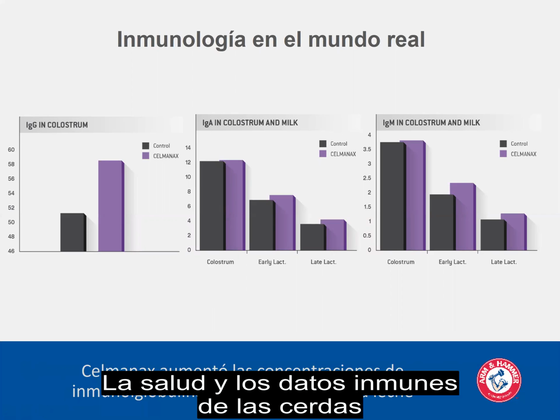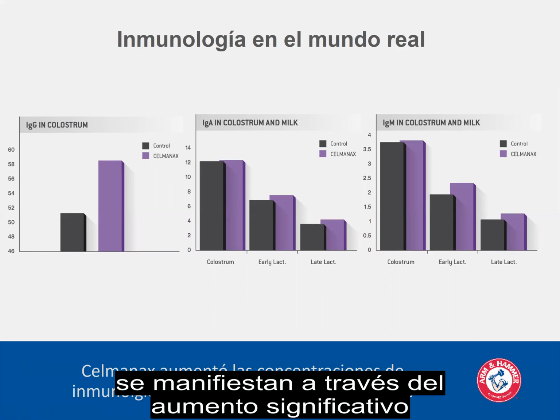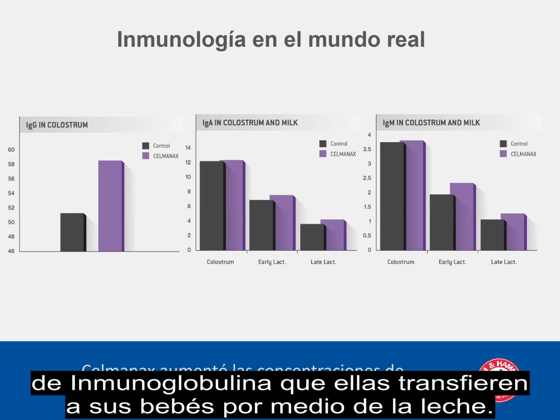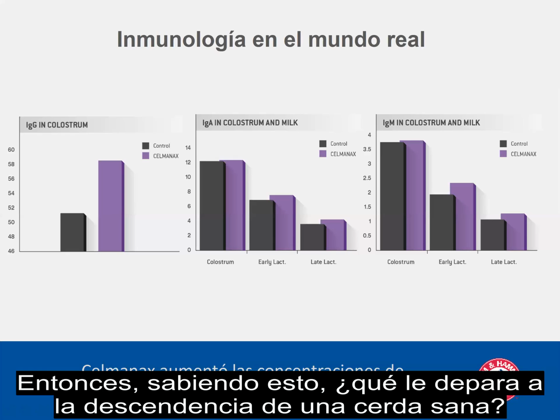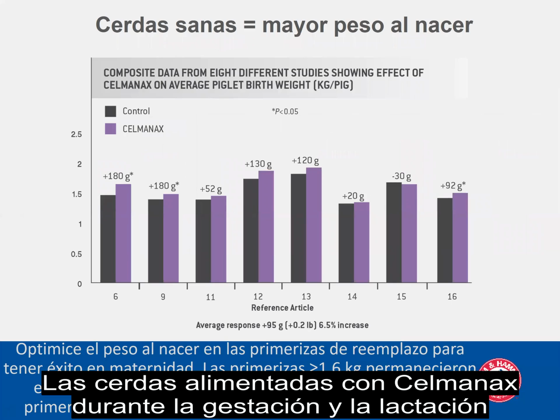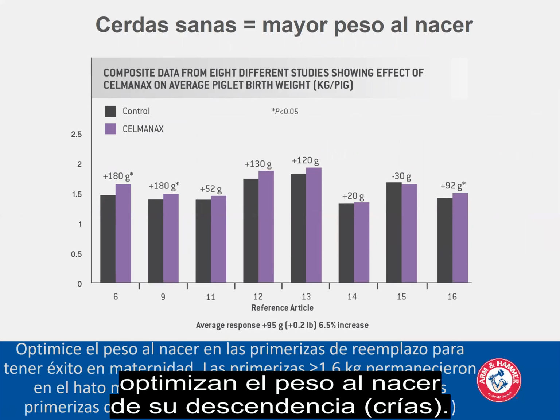So immune data from the sow and the sow's health is manifested by increasing her ability to increase the amount of immune components or immunoglobulins that she's transferring to her pigs through the milk. So this healthy sow, what does that mean in the context of her offspring? And these healthy sows that are fed Salmonax in gestation and lactation will actually improve birth weights in their offspring.